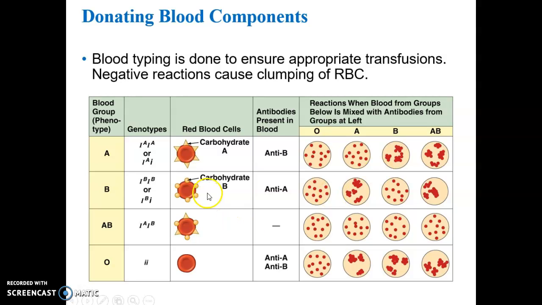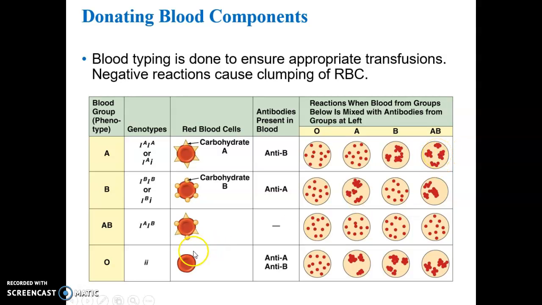How about a potential donor of AB blood? Blood type AB donor has red blood cells with surface molecules A and B. If those red blood cells from a donor blood type AB get introduced into patient A, patient A's anti-B antibodies will attack surface molecule B on the donated blood, causing clumping.